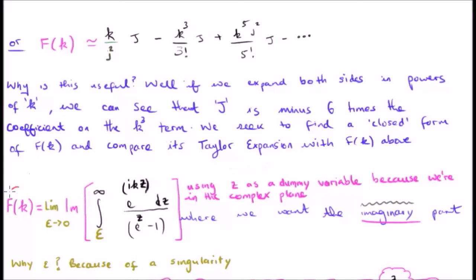So in transforming the integral capital F of k from having a sine kj on top, I'm going to actually change the variable from j to z like this, and I'm going to invoke Euler's equation, so we get e to the ikz, where of course e to the ikz is cos kz plus i times sine of kz.